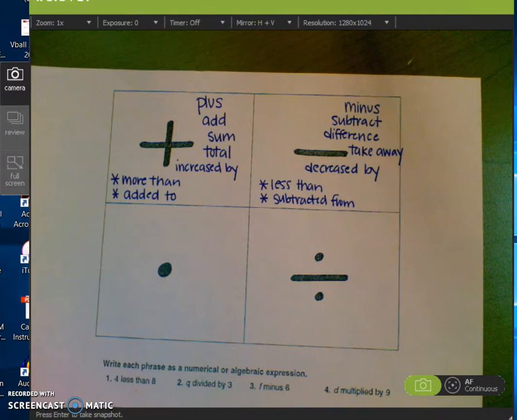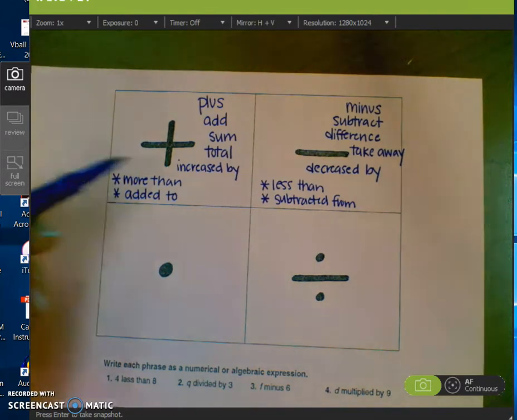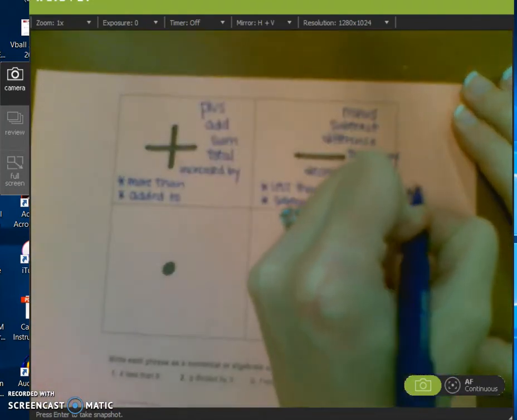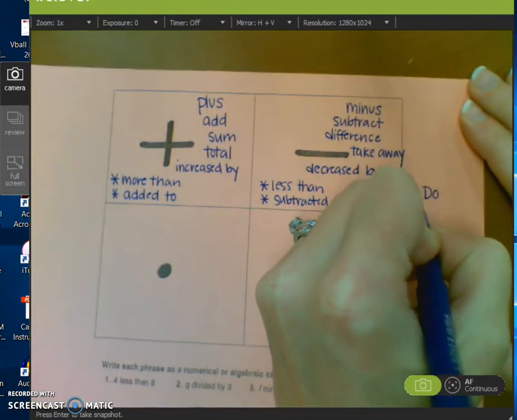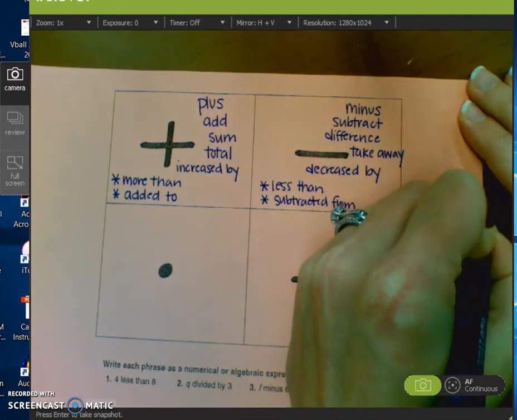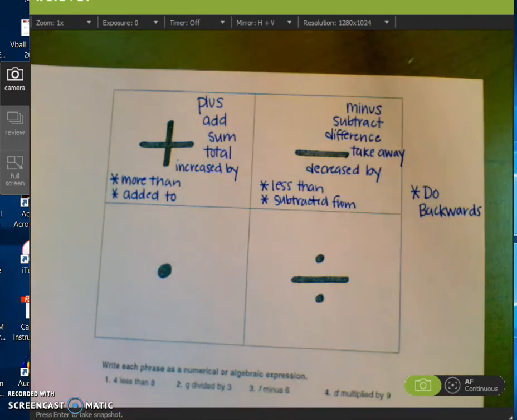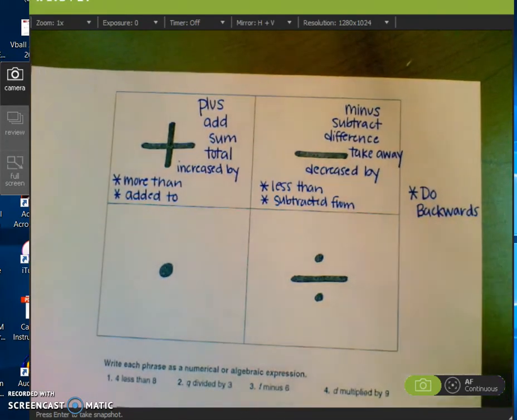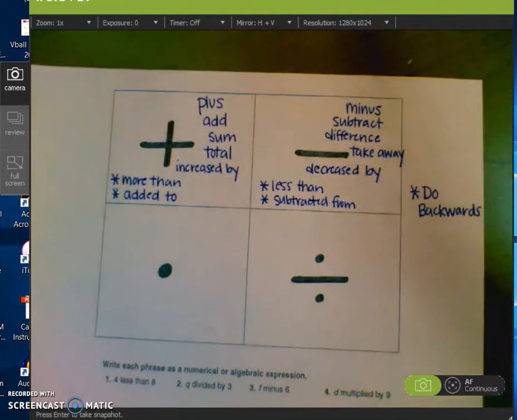And now I just want to take a quick second to talk about these starred words. The words that we just starred, I want you to write this with a little star out here. We do kind of backwards. So what I mean by that is if you have 5 less than 12, 12 is actually your starting number. You're starting with 12 and you're taking 5 away from that. 5 less than 12, again, we're starting with 12 and we're taking away 5.